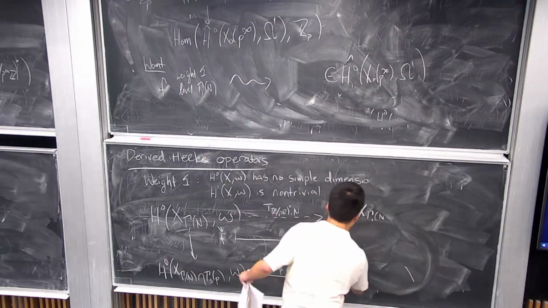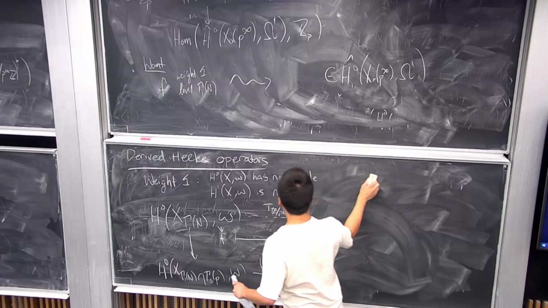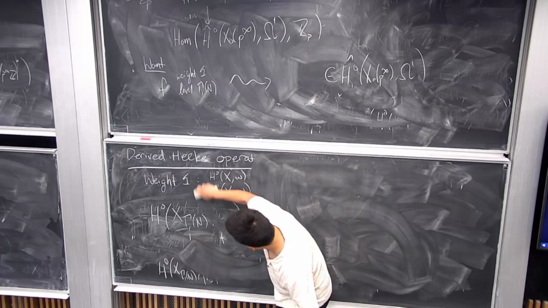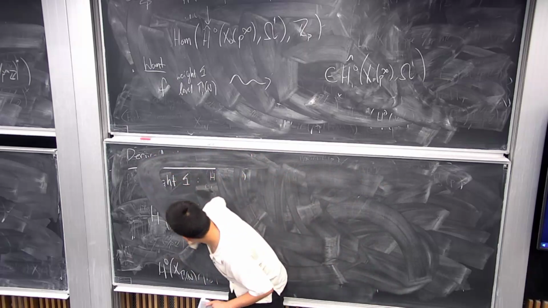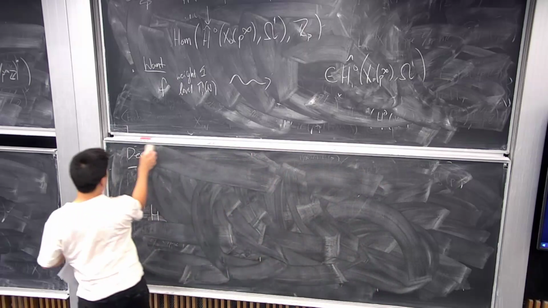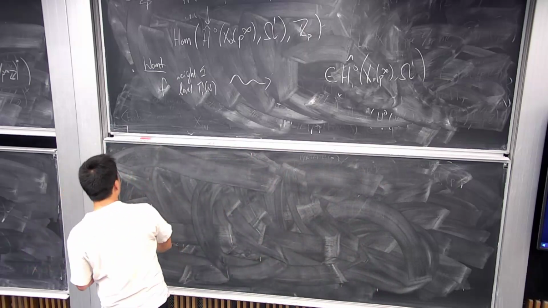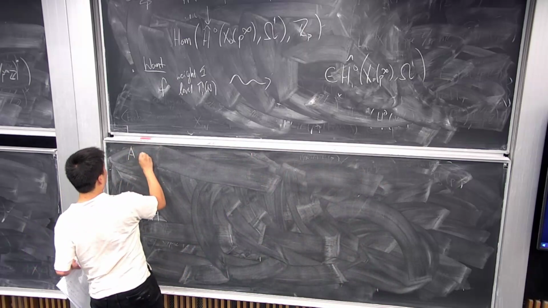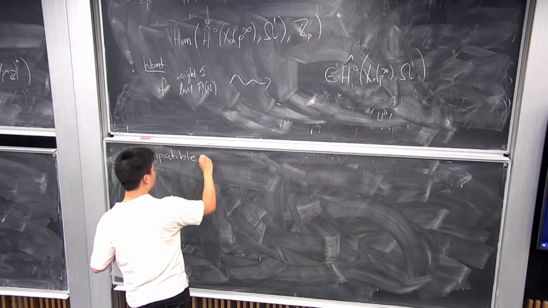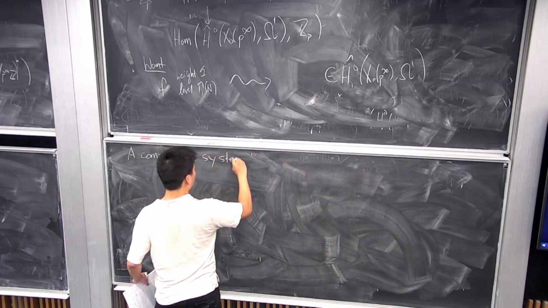Now what I need to do is construct a projective system of spaces of modular forms from F, a compatible system of modular forms, cusp forms.